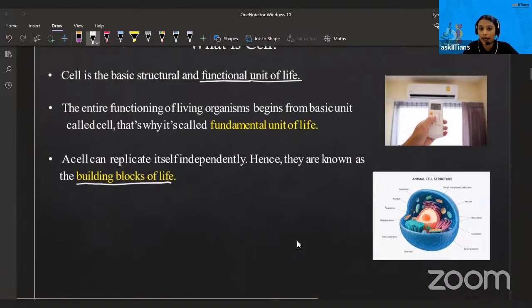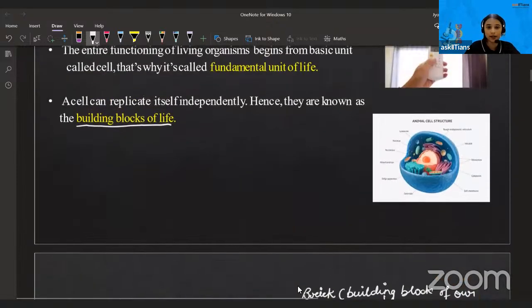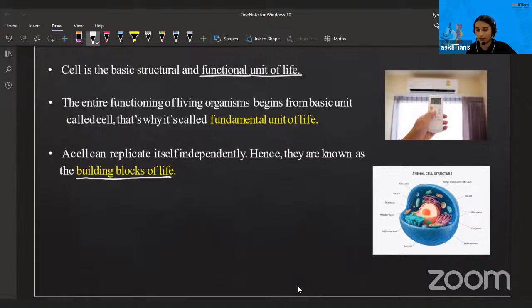Take the example of human beings. In human beings, there are billions or trillions of cells present. Suppose this is a cell, and we know the cells are organized in different levels of organization.